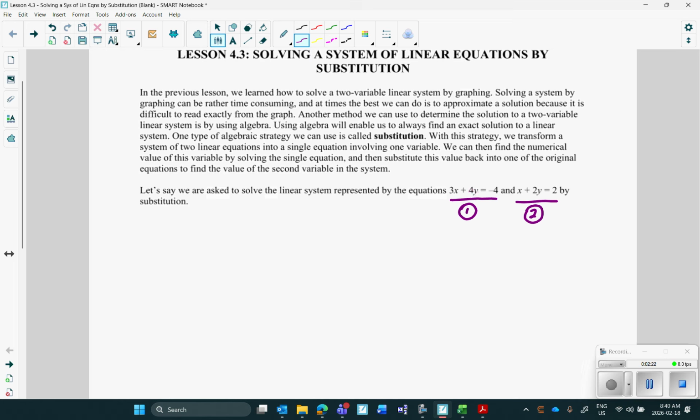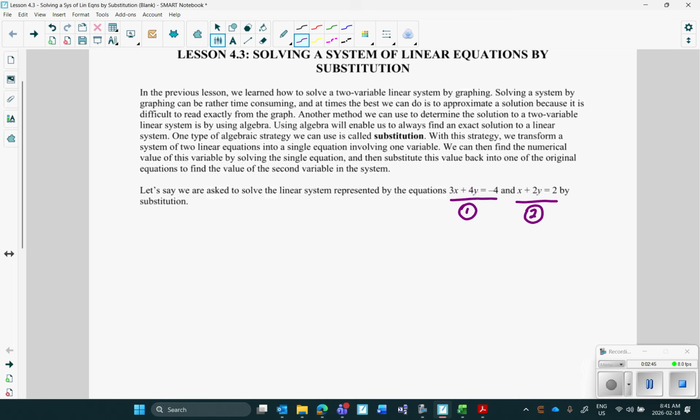I'm going to call this equation 1 and this one equation 2. The next thing I need to do is pick one of the equations and get a variable by itself. So get x by itself or y by itself.